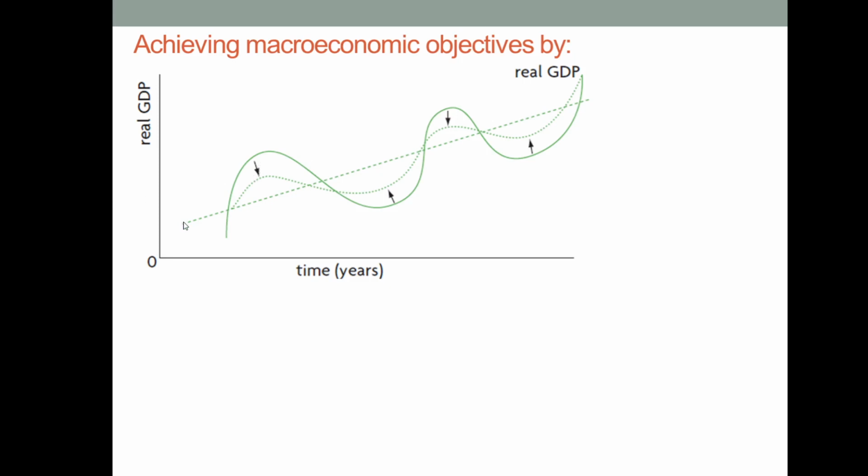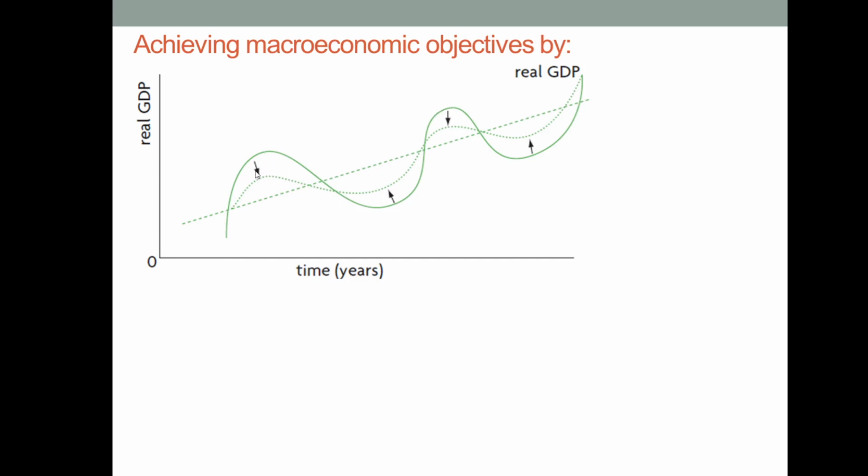Because this one here, once again, is the optimal growth, the straight line. And this one here is where we're actually going, as long as we are able to reduce the fluctuation along the way.